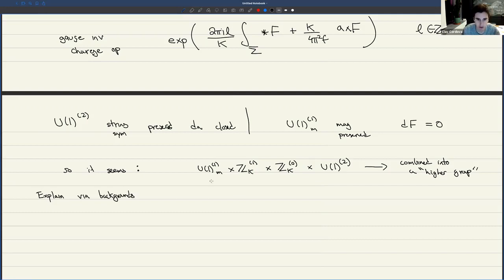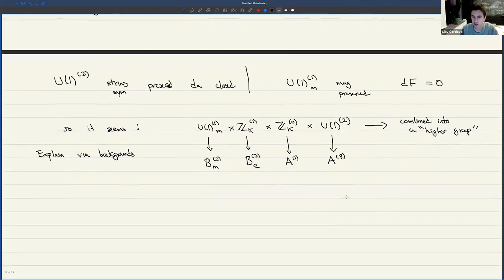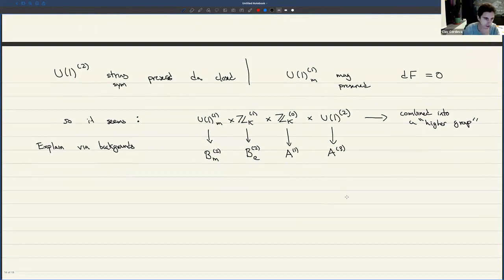Okay, so let's remind ourselves what the notation was for the background fields. The friend of this U1 magnetic symmetry was called B2M. This one was called B2E. This one was called A1. And this one was A3. So I said these were gauge fields, but I didn't really clarify what it means for them to be gauge fields. Well, gauge fields means that there are linear gauge transformations.